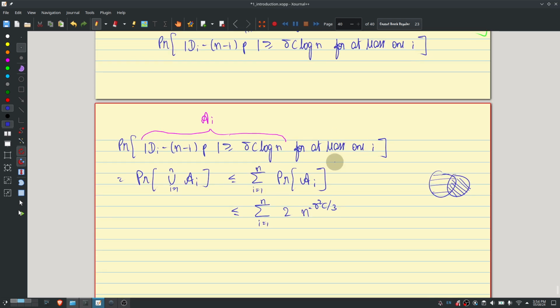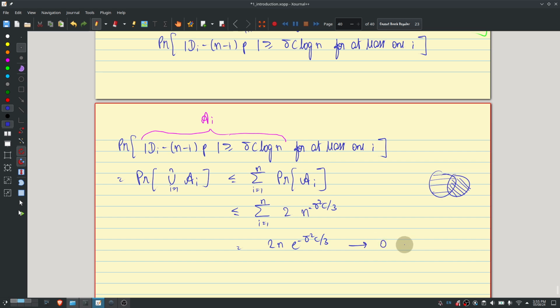This is the same for all i, so I just incur another n. So this is 2n e to the minus delta square c divided by 3.